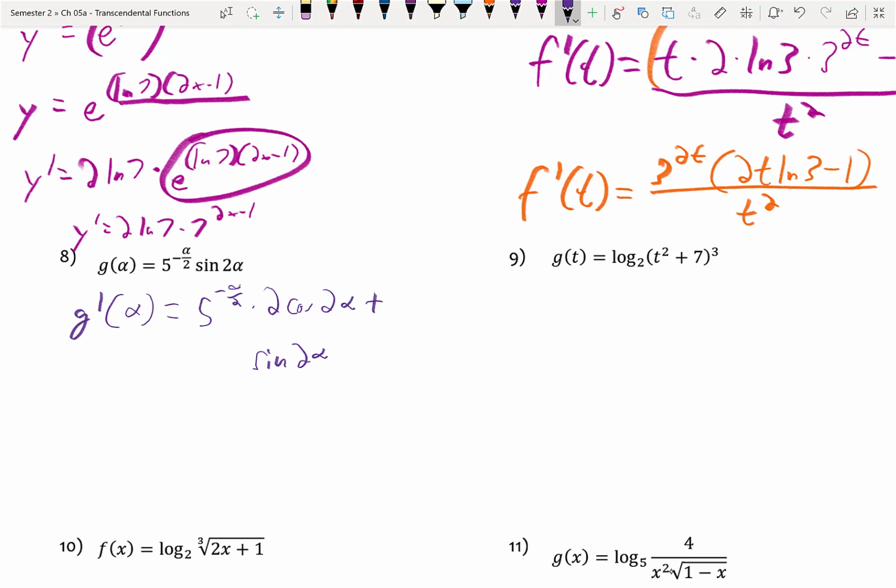So take the derivative of negative alpha over 2, so that is negative 1/2. Now take the natural log of the base, ln of 5, and then 5 to the negative alpha over 2.